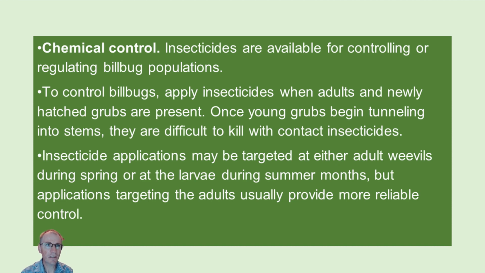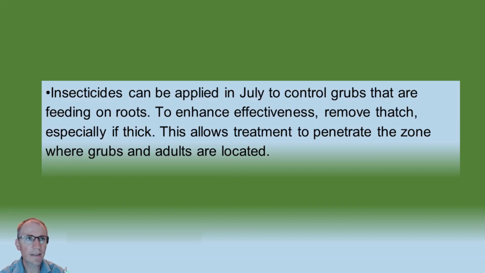Insecticide applications may be targeted at either adult weevils during spring or at larvae during summer months, but applications targeting the adults usually provide more reliable control. Insecticides can be applied in July to control grubs that are feeding on roots. To enhance effectiveness, remove thatch, especially if thick. This allows treatment to penetrate the zone where grubs and adults are located.